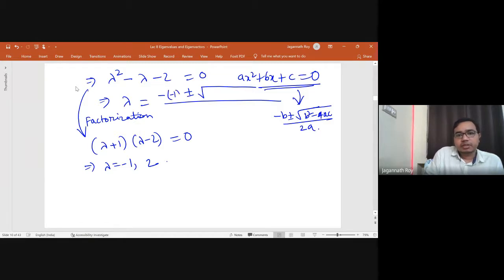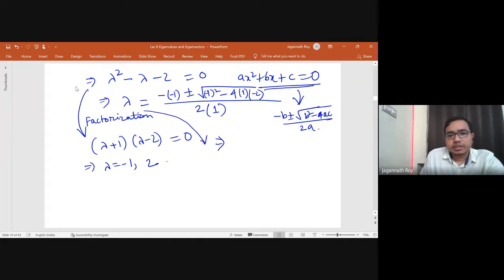Minus 1, minus 1 square minus 4 times ac, where a is 1 and c is minus 2. I am doing this in case we do not have a simple equation. Sometimes we may have some different equation, so we have to be prepared for all conditions.